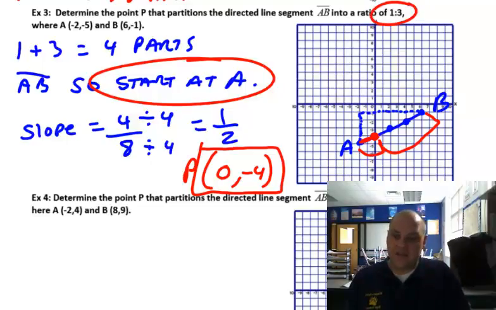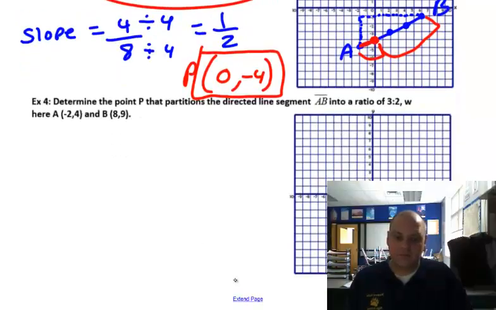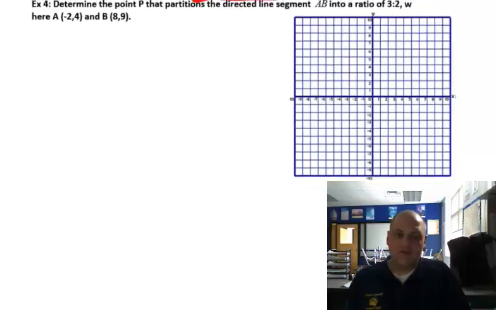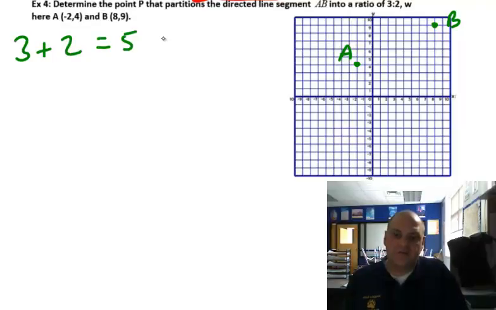All right, last example. Same question. Now it's a 3 to 2 ratio. A is negative 2, 4 and B is 8, 9. I need a 3 to 2 ratio. 3 plus 2 is 5 parts.